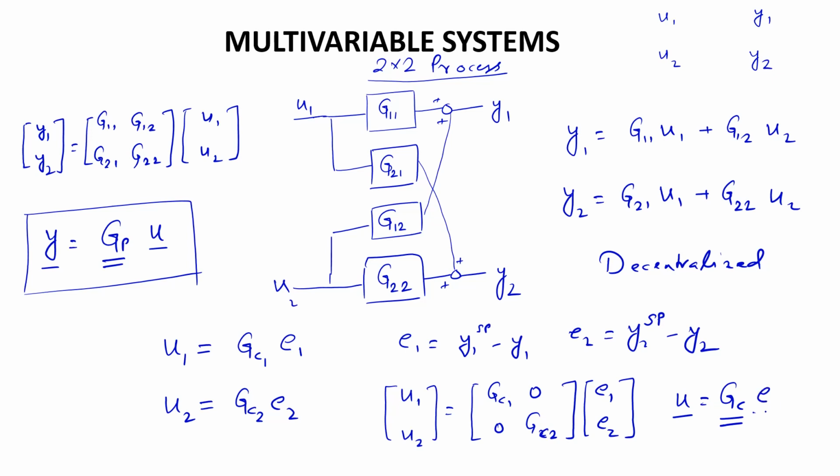Now if I substitute this into my process equation, I've got y is equal to matrix gp times u, and u vector is equal to diagonal matrix gc times the error vector e.